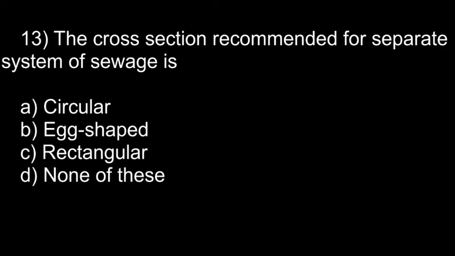In separate system, two sets of sewers are required, one for carrying the sanitary sewage and the other for carrying the stormwater. This separate system is most suitable for rocky areas because laying of two small sewers is easier than one large sewer.